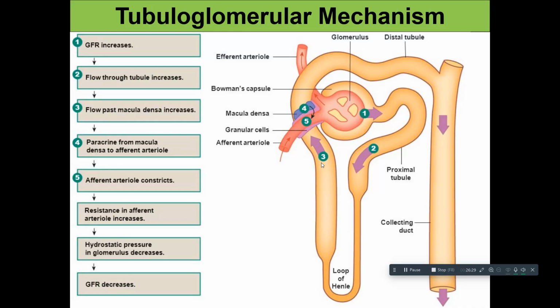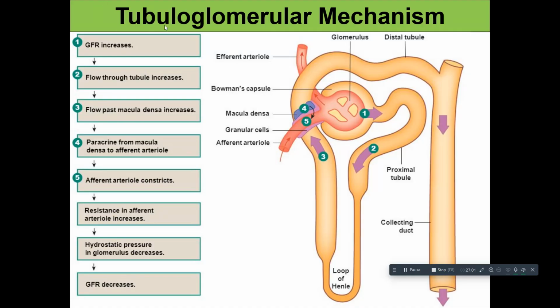There is a part of the nephron in the distal convoluted tubule called the macula densa, and if filtrate is moving too quickly, the macula densa is going to sense that and release a local signal that's going to constrict the afferent arteriole, which means less blood is going to get in the glomerulus, which is going to bring glomerular blood pressure back down, which is going to bring GFR back down.